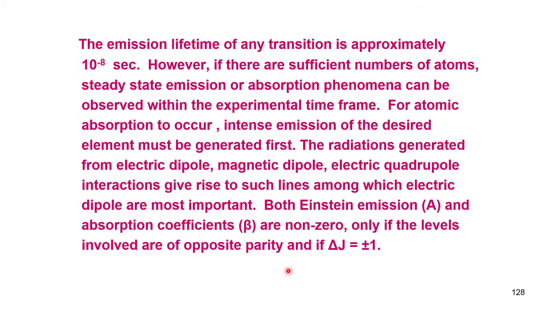I need to provide intense emission of the corresponding wavelength, the electromagnetic radiation of the resonance value. Whatever the resonance wavelength is, I have to produce radiation of that wavelength in very high intensity. You get it? High intensity of the same wavelength, the resonance wavelength, that we have to generate first.